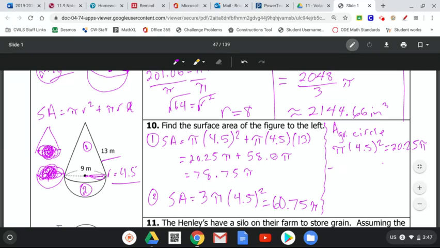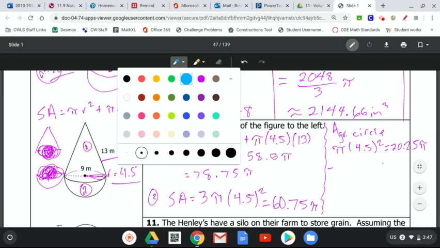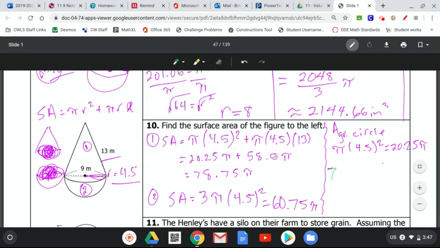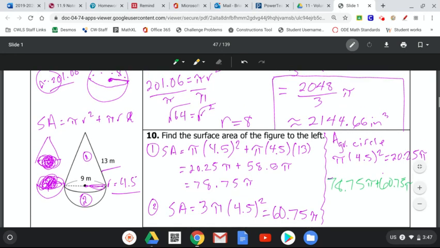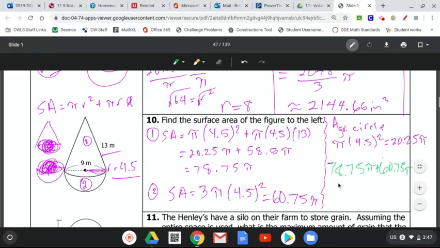So to find the total surface area, we have to add up, and we're going to switch colors here. We'll go green. 78.75 pi. And we're going to add 60.75 pi. All right, so we're going to add those two together. Now, when we add those two together, we're good. We got that part.